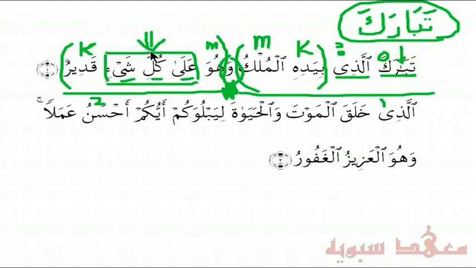Now, just before I talk about the reason why, we'll talk about qadir, which is the khabar. Qadir is actually a sigha mubalagha. Usually the ism fa'il for somebody who has power is qadirun.